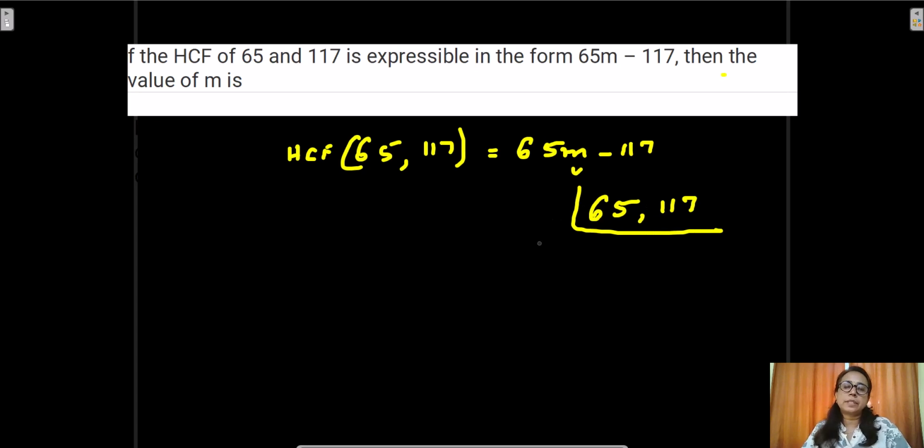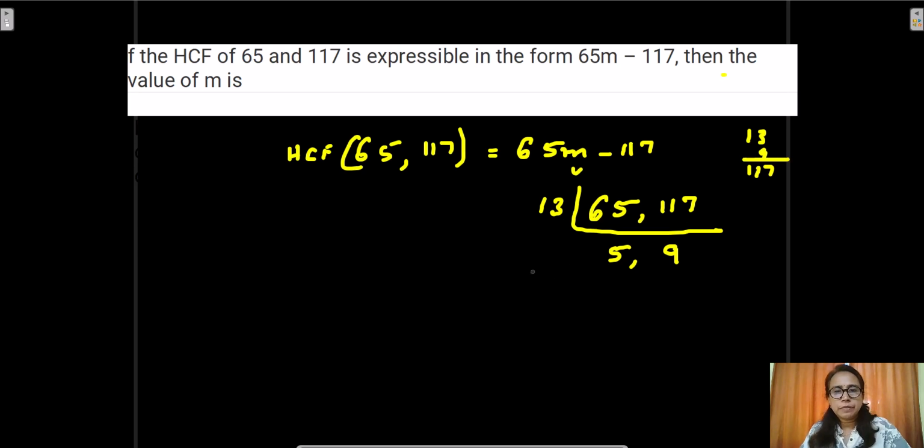You know that the common factor will be 13, right? 13 fives are 65, and 13 nines are 117, because 9 threes are 27, so 13 nines are 117.